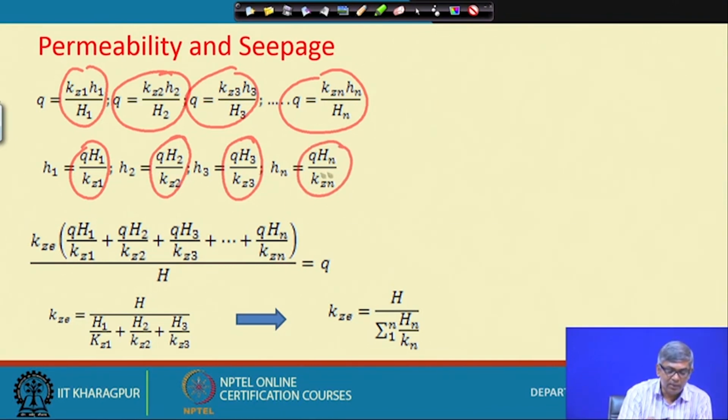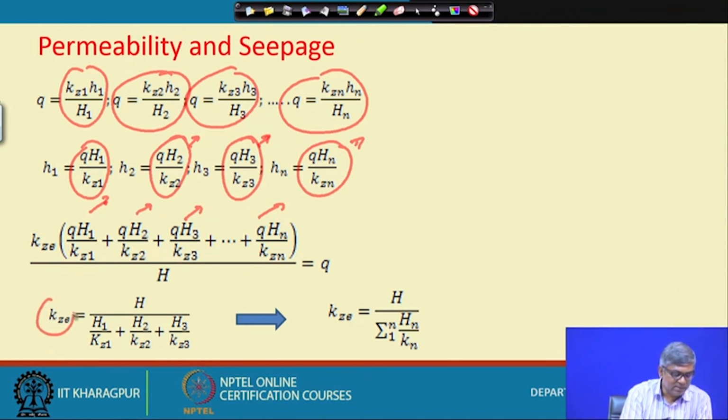Then I can substitute, because in the previous slide I have shown head loss H1 plus H2 plus H3 plus Hn. I take H1 from here and substitute here, H2 from here, H3 from here, Hn from here, and then I simplify.